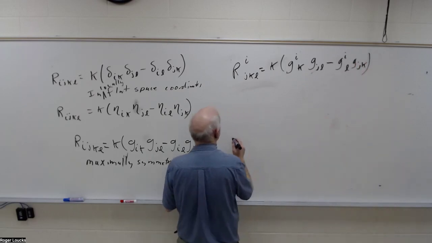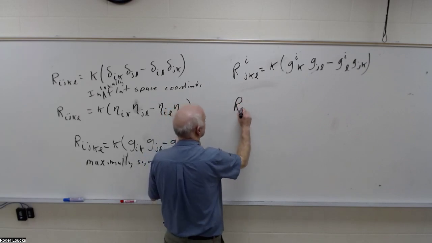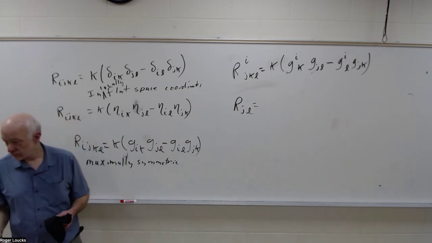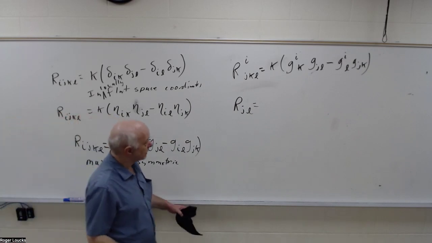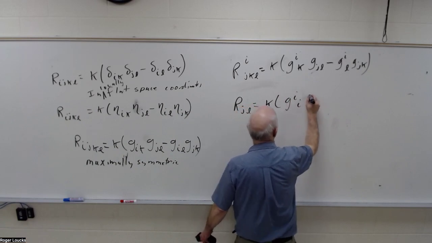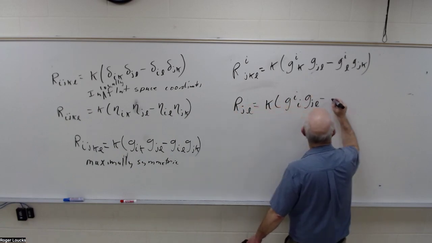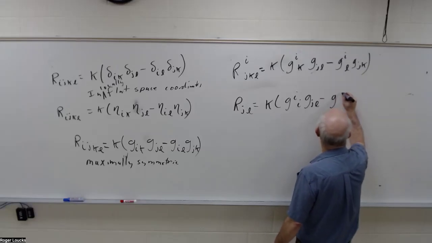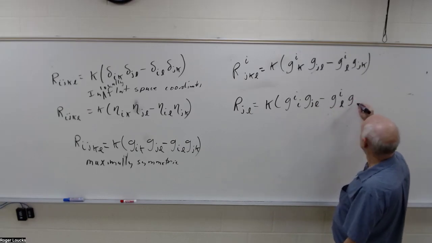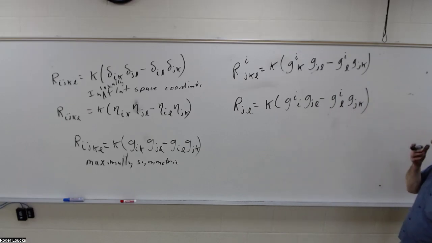And how do I then get my... how do I get this? Over I and K. I saw over I and K. So this becomes that there.